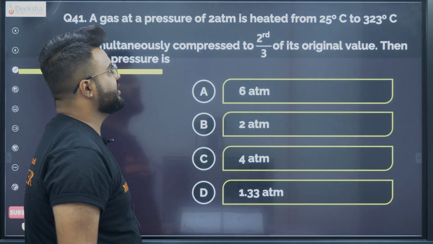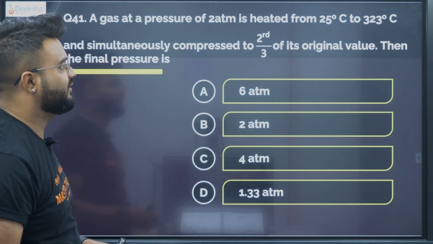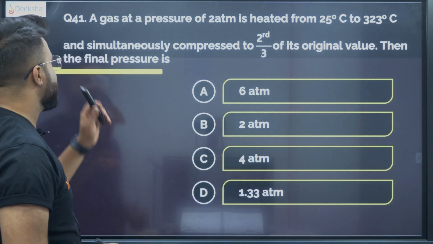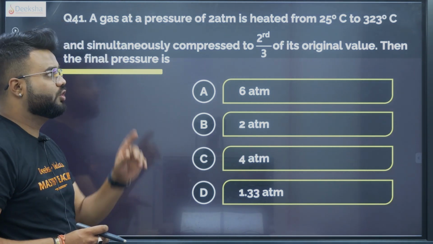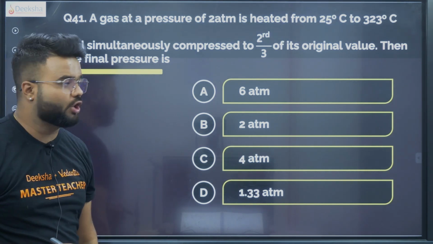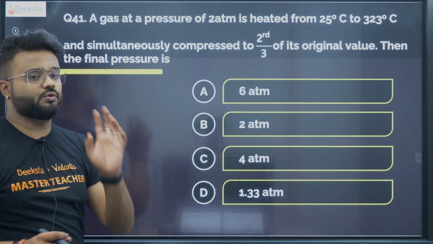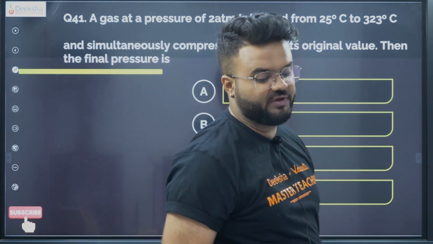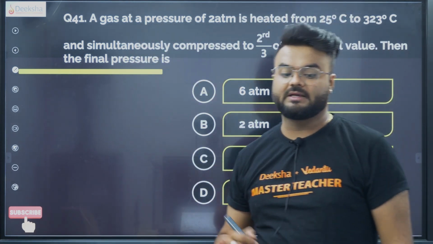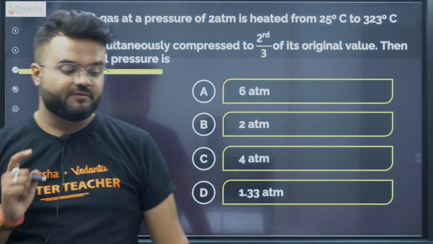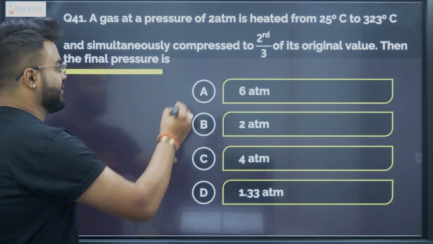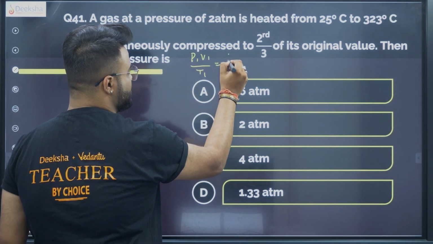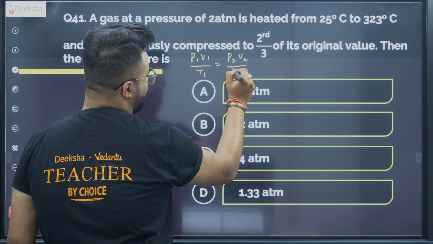A gas at a pressure of 2 atm is heated from 25 degrees Celsius to 323 degrees Celsius and simultaneously compressed to 2/3 of its original volume. Then the final pressure would be? By seeing this question, we can apply the combined gas law, that is P1 V1 by T1 is equal to P2 V2 by T2.